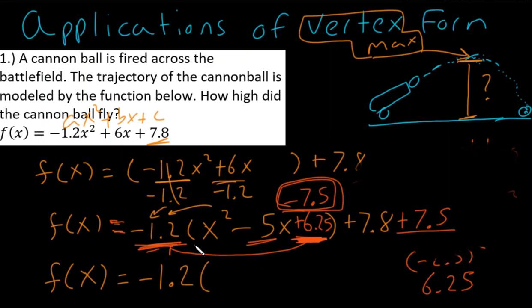Remember, when you complete the square here, you're going to write parentheses x, you leave a space, and you square it. And then here we have 7.8 plus 7.5. My guess is 15.3, but let's use our calculator. 7.8 plus 7.5, which is 15.3.